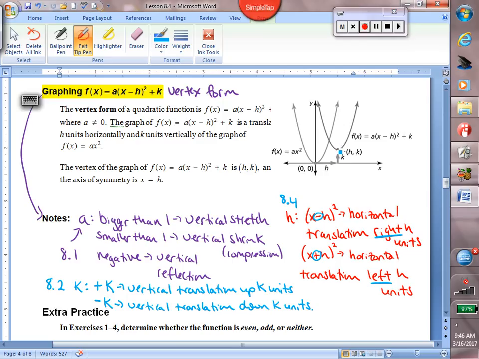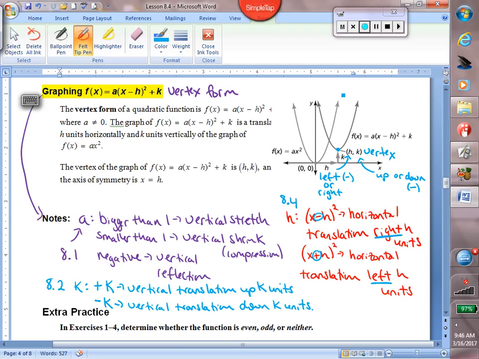So our vertex point, if we look in the graph up above here, is listed as h comma k. This is our vertex. The h value is just how far we moved left or right. Remember, if you move left, it will be a negative. And our k value is just how many we moved up or down with our transformations. Remember, if you move down, that will be a negative value. So just be very careful when finding your vertex.